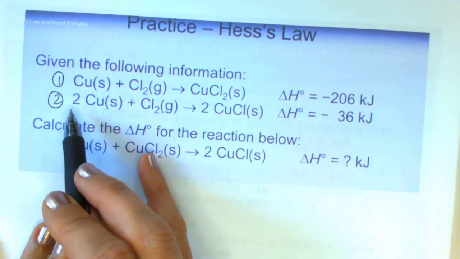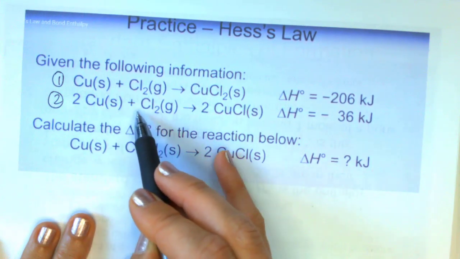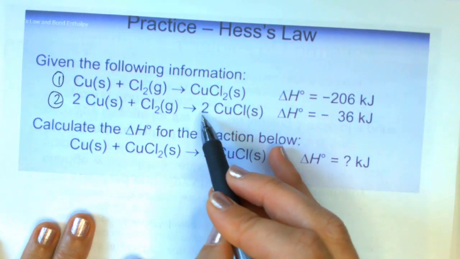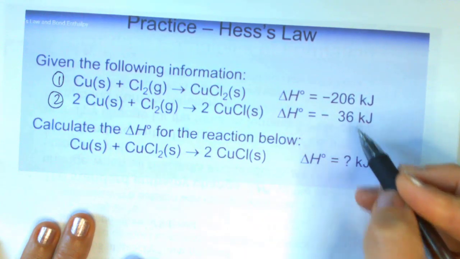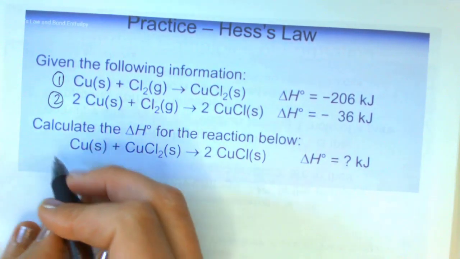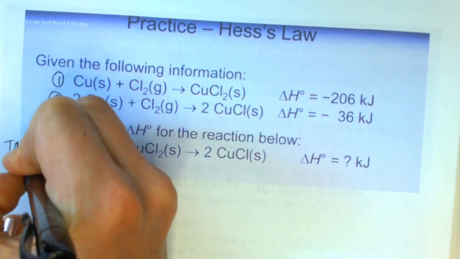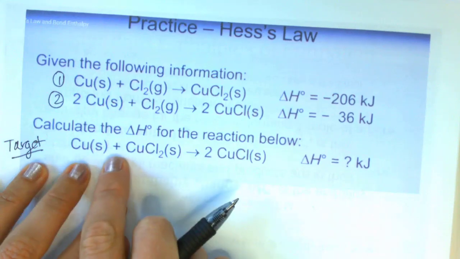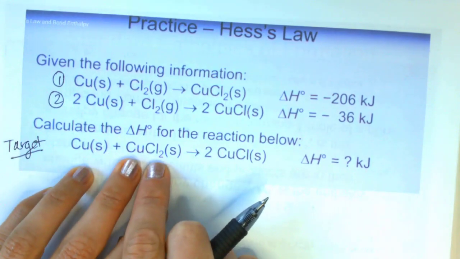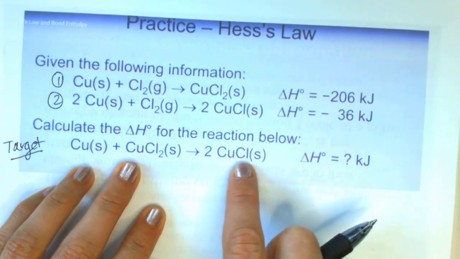And on the second one, we have 2 coppers plus diatomic chlorine to give us 2 copper 1 chlorides. And we can see that that's an exothermic reaction as well. Here's our target reaction that we want to create, Cu plus the copper 2 chloride to give us 2 copper 1 chlorides.